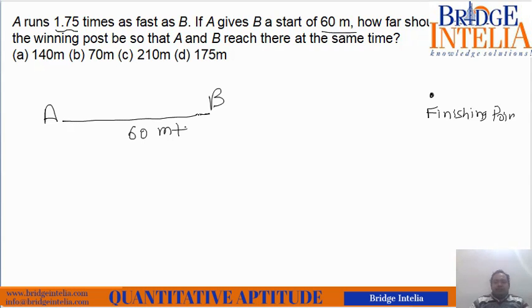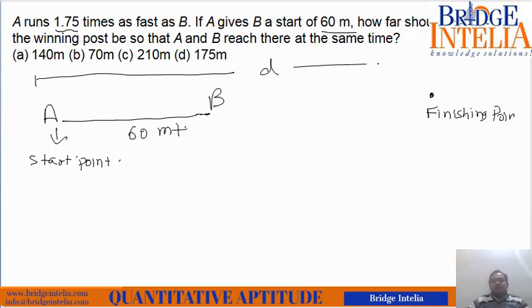This is the starting point from where A has started to run. So what should this distance be equal to if they both want to reach the finishing line simultaneously?